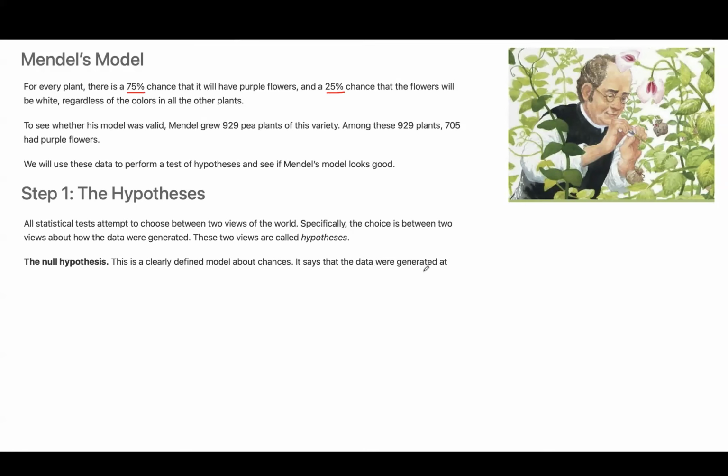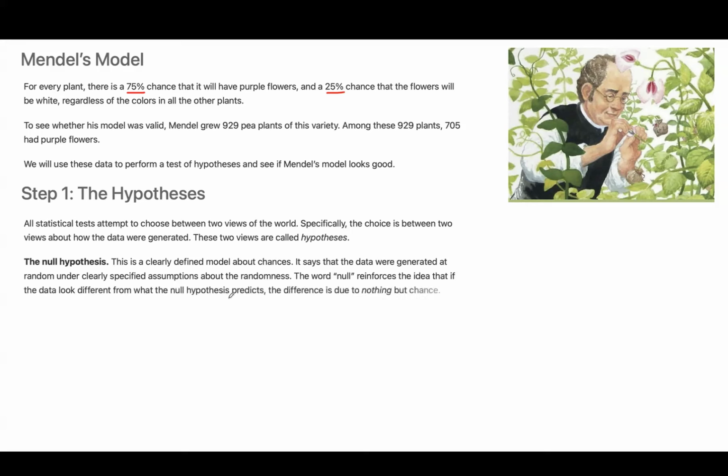It says that the data were gathered or generated at random under clearly specified assumptions about the randomness. The word null supports the idea that if the data look different from what the null hypothesis predicts, the difference is due to nothing but chance.